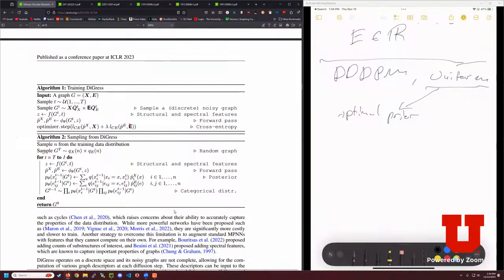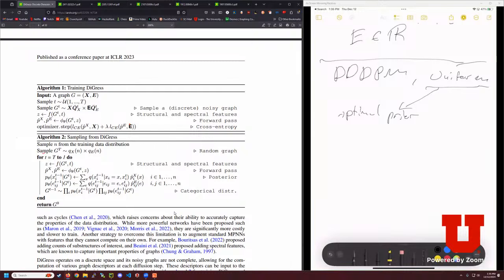So start from the random graph, and every time you get the features, and then through some attention mechanism, you get the node class distribution for every node, and the edge class distribution for every possible edge.